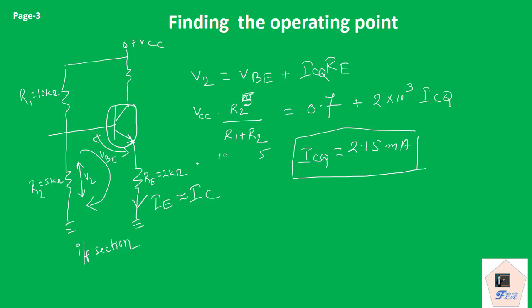Similarly, now if we substitute the value of ICQ in the output equation that we found in the previous slide, we can write VCE, or use another term here, VCEQ, that is equal to VCC minus ICQ into RC plus RE.